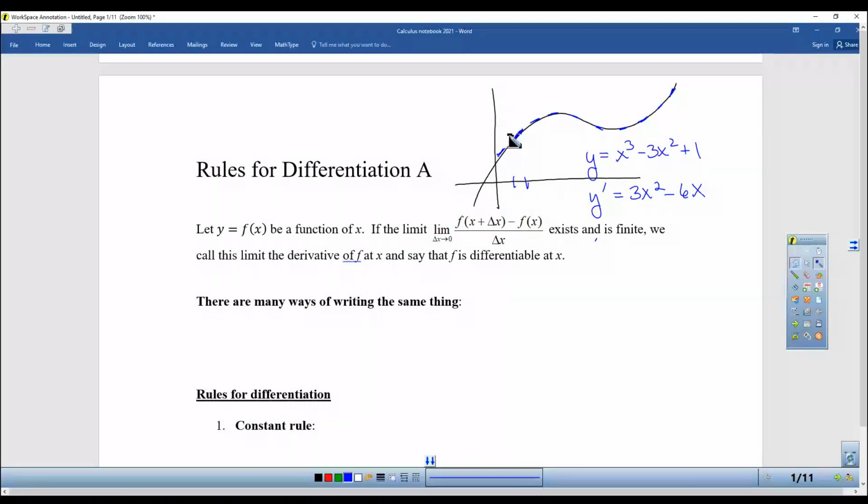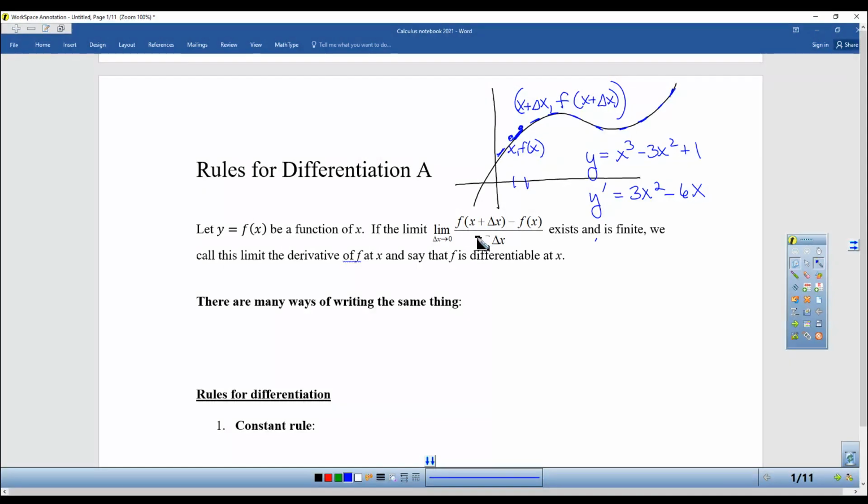We found 2 points along the curve, and one we called x and f of x, and one we called x plus h, although this formula uses delta x. You have to get accustomed to being able to do both. And then we found the slope.